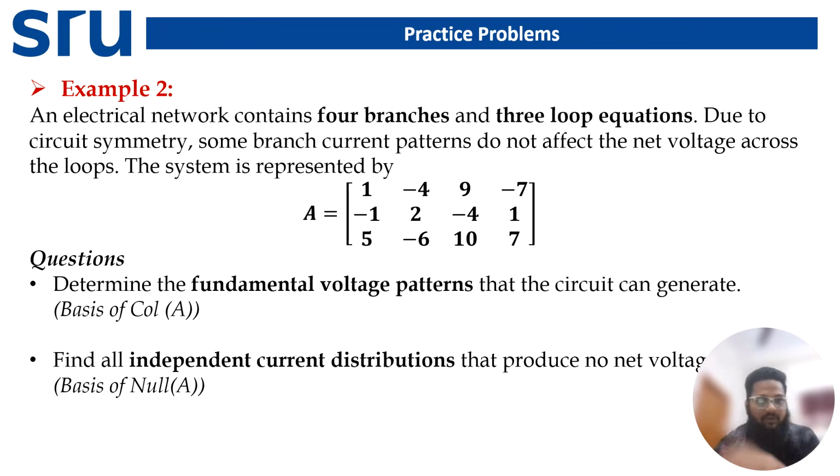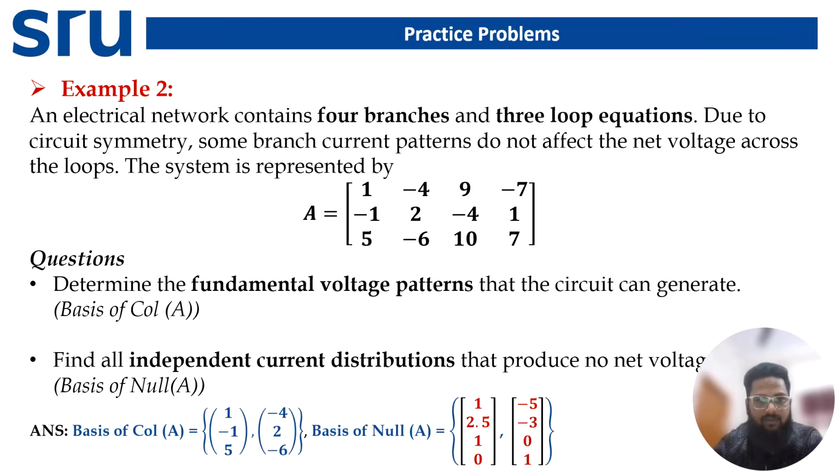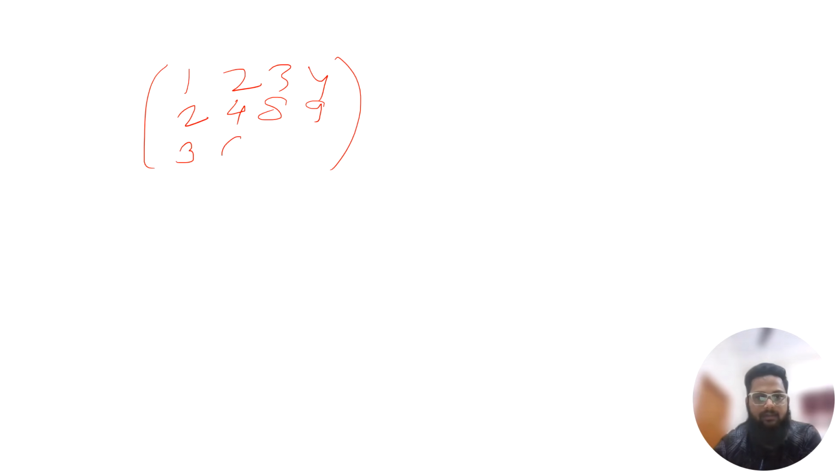In a similar process we can solve this problem also, so you can try it. I am taking another example, suppose [2 3 4; 2 4 8 9; 3 6 9 12].